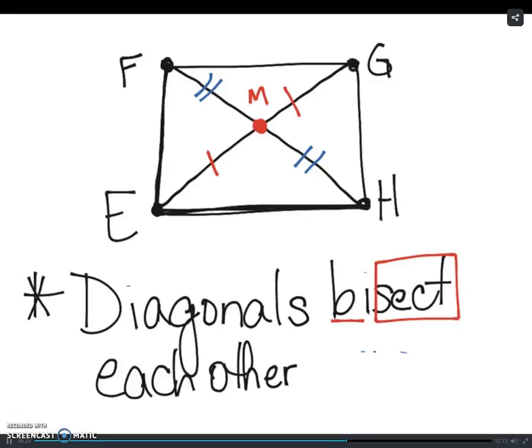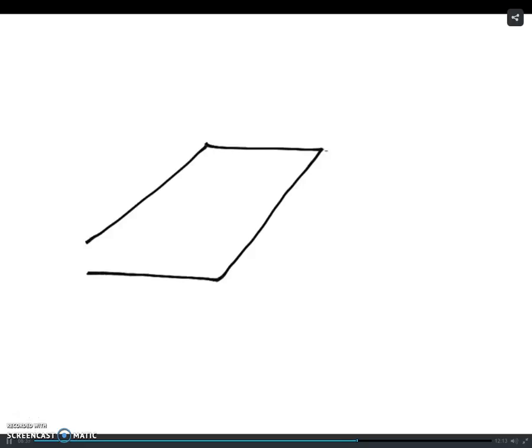Some of you are thinking, that's all fine and dandy as long as it looks like a rectangle. What about one of those really slanted parallelograms? So let's draw a really slanted parallelogram. It looks something more like this. Even if you have something like this, keep in mind our diagonals are not going to be congruent.